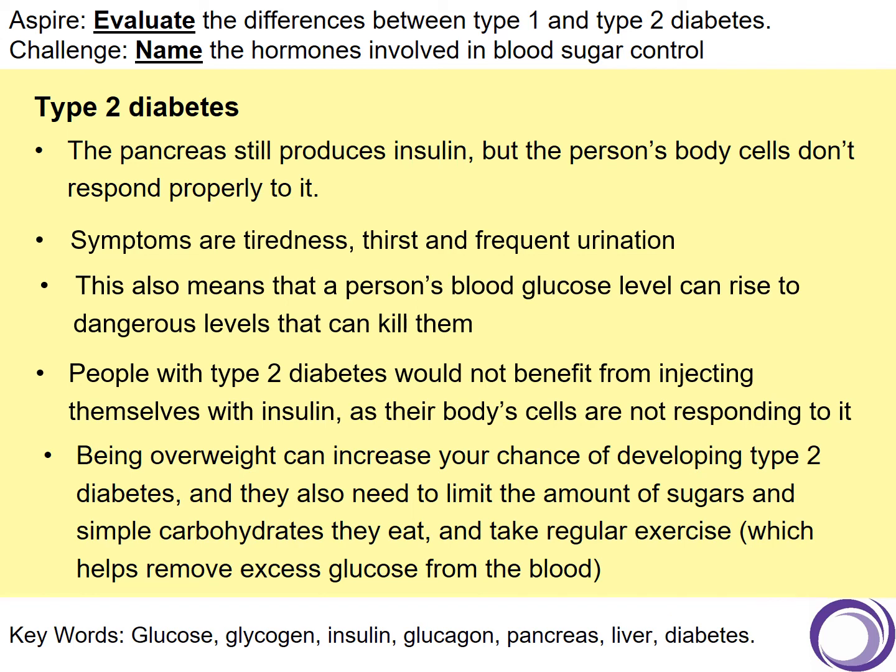And being overweight can increase your chance of developing this diabetes. So you need to control your weight. You need to limit the amount of sugars and simple carbohydrates and take regular exercise. And it is possible to reverse the symptoms of type 2 diabetes if you are very, very careful with them and take the right medication as well.